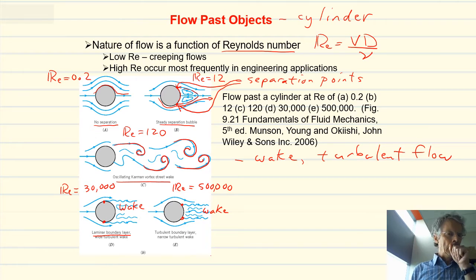So if we have a laminar boundary layer, that simply means the flow in that region is laminar. When you increase the Reynolds number to 500,000, that flow becomes turbulent. And we'll discuss how to predict whether the flow will be laminar or turbulent in a boundary layer in the second half of the chapter.